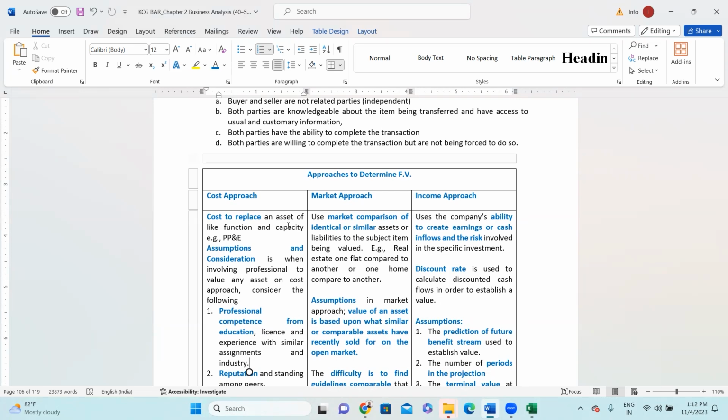Second is the market approach. What you do in the market approach? You identify similar or identical products or services in the market and compare your pricing with them to arrive at your pricing based on the services you are providing to the customer, right?